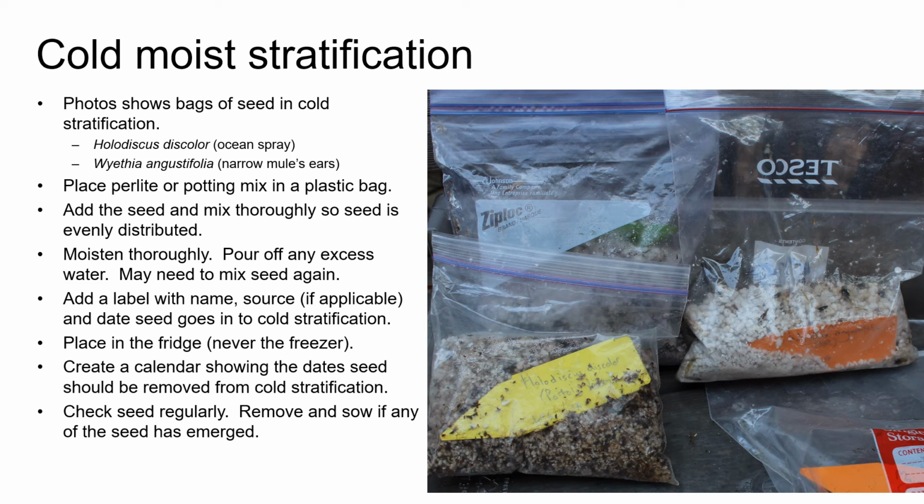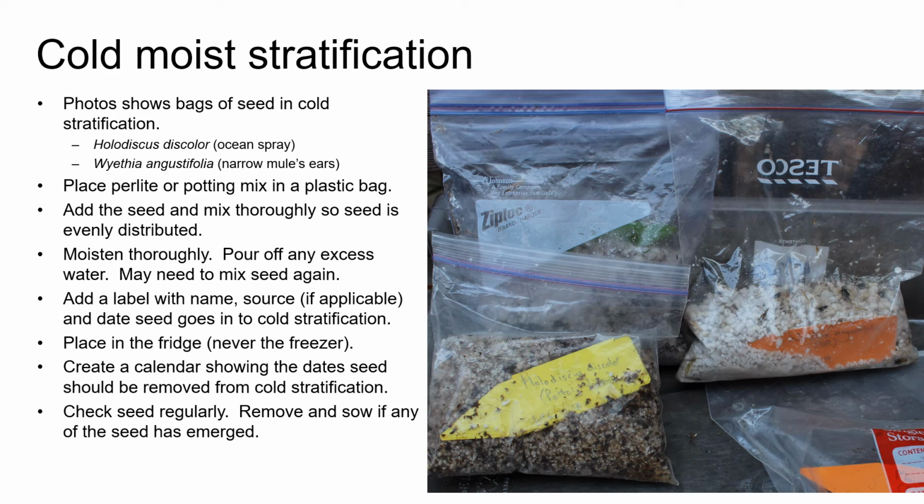So to cold stratify seeds, what we do is we place perlite or potting mix in a plastic baggie. Then we add the cleaned seed that we're wanting to grow to the perlite or the potting mix and mix it all thoroughly so that the seed is evenly distributed through the perlite or potting mix.